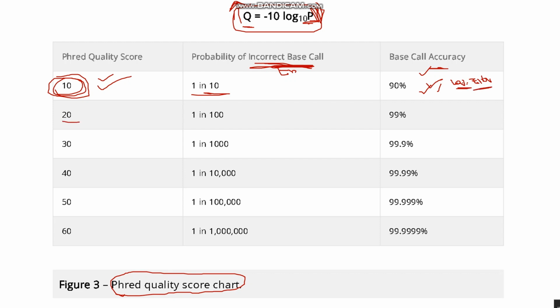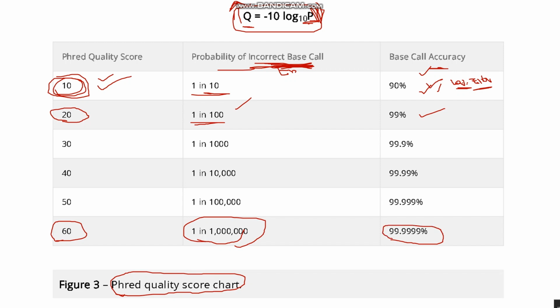If the Phred score is 20, the probability of incorrect base call is 1 in 100 and the accuracy is 99%. If the Phred score is 60, it is 1 in 1 million probability of incorrect base call, and the accuracy is 99.9999%.